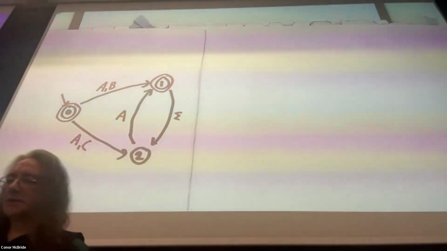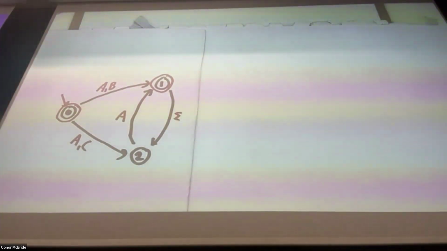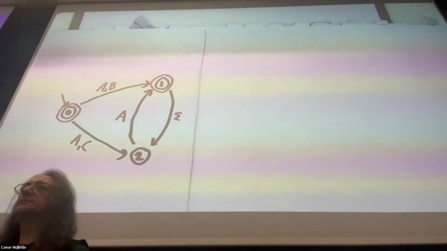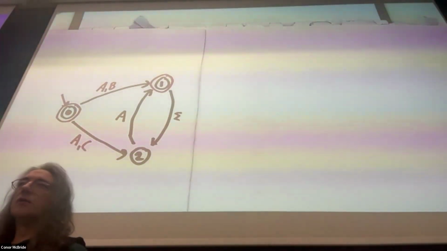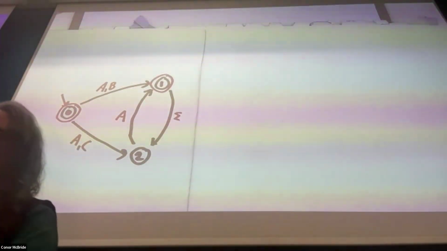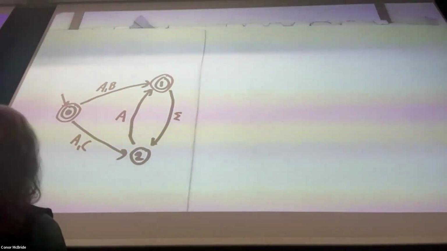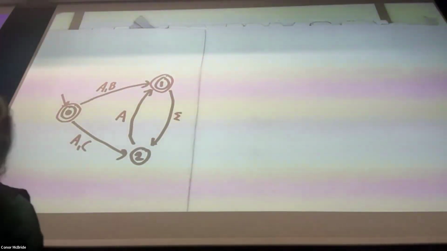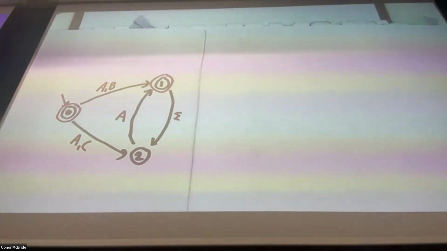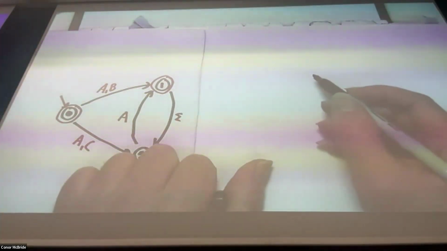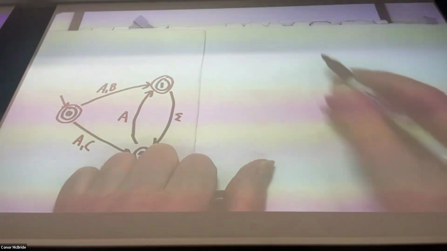I am going to make a deterministic finite automaton, which instead of having 3 states, has 8 states. That's 2 to the power of 3. And I'm just going to write them in a big circle and hope. Actually, I'm not.